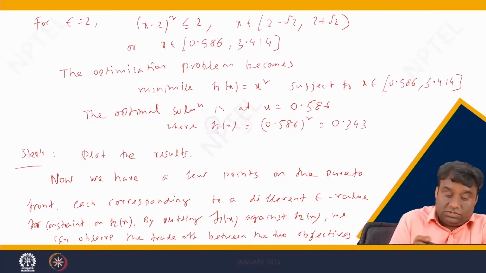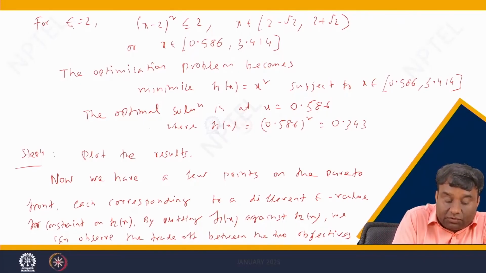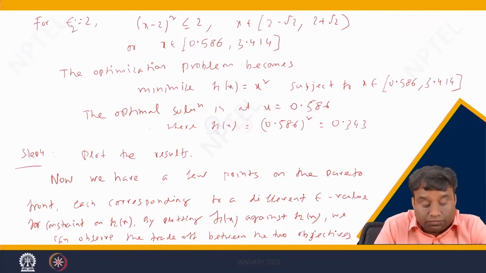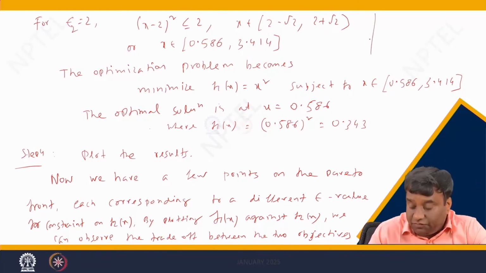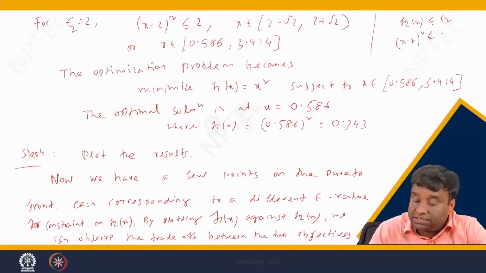Now next, assume epsilon 2 equal to 2. So here again f2(x) is less than or equal to epsilon 2. So that is (x minus 2) whole squared is less than or equal to 2.